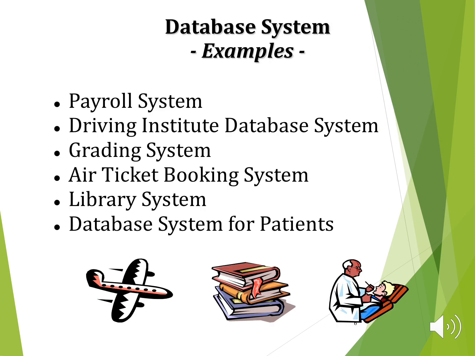Now we learn what a database system is, with examples. For example, a payroll system, or a driving system which contains the list of the students, the records of the teachers and instructors, and the grading system, which includes the marks, the grade, and the result. An air ticket booking system contains the booking ID, the name of the passenger, the price, and the destination.